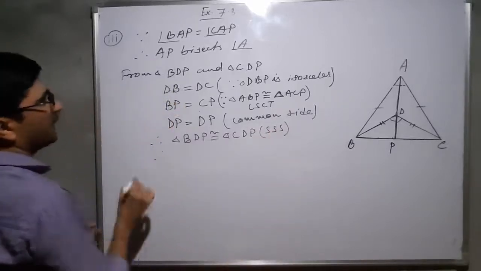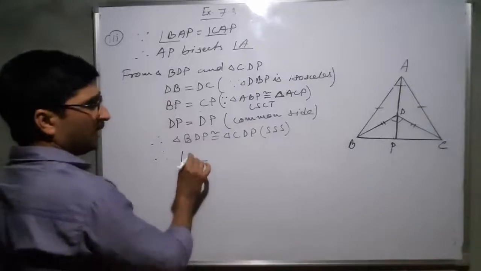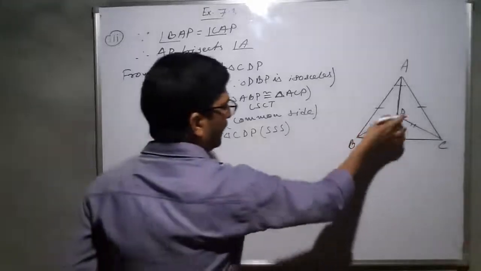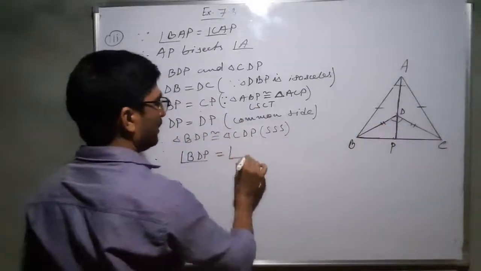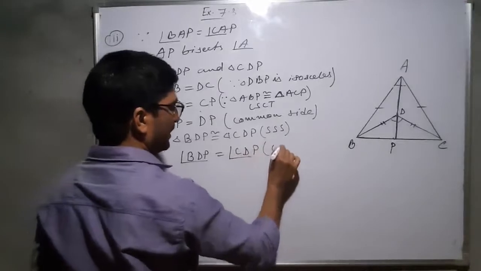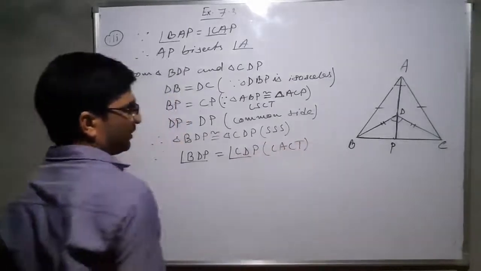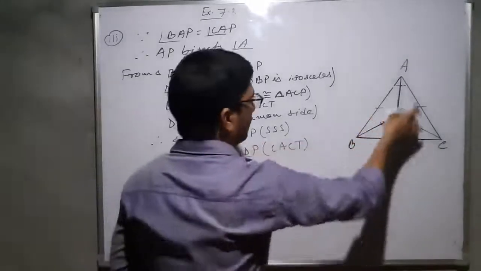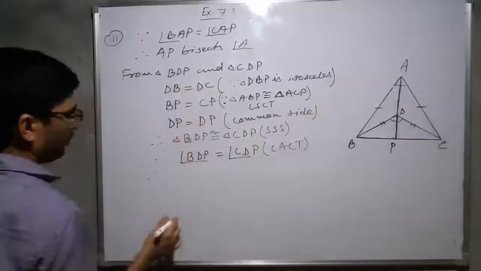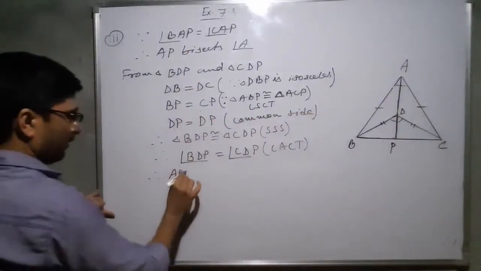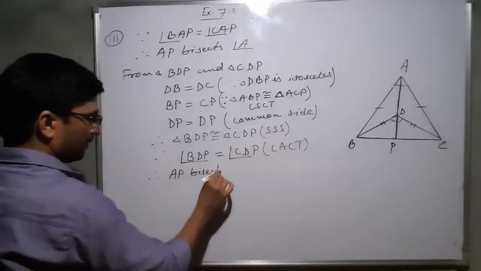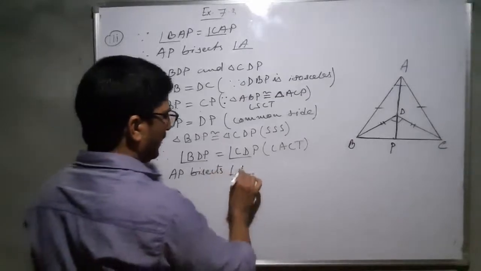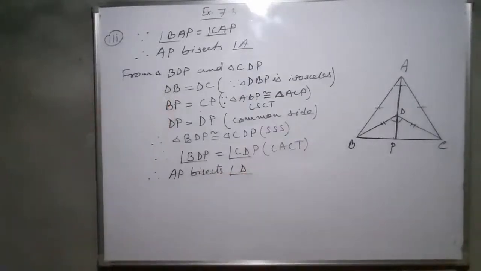Now we can write, therefore angle BDP is equal to angle CDP. Directly you can write CACT, they are congruent. Now therefore you can write which one? Since AP is better, because according to the question, we direct the question. Therefore AP bisects angle D. So question number 3 is also proved.